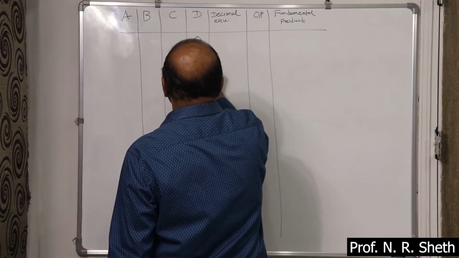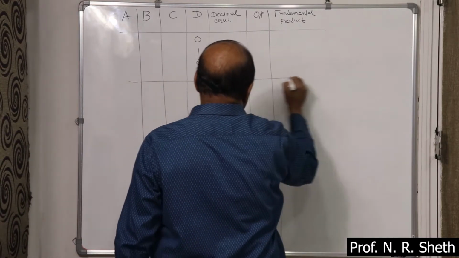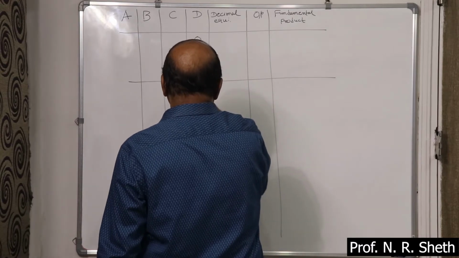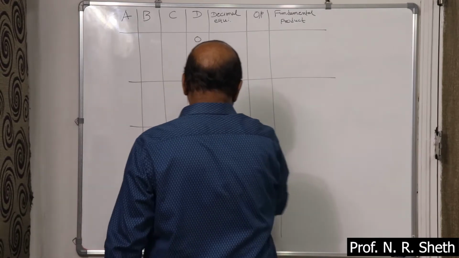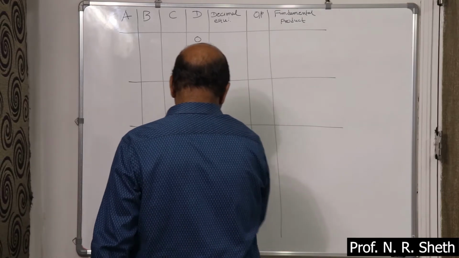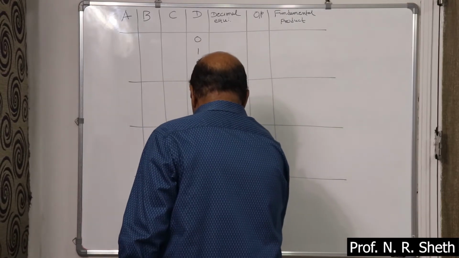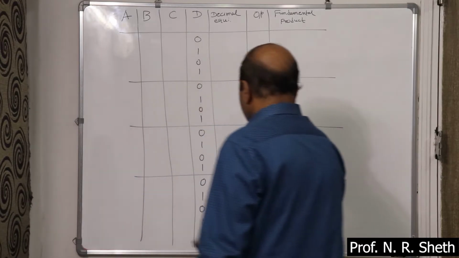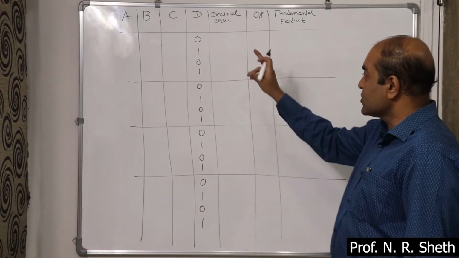Zero one, zero one, zero one, zero one. 16 combinations.